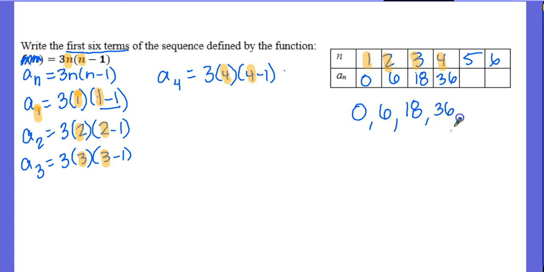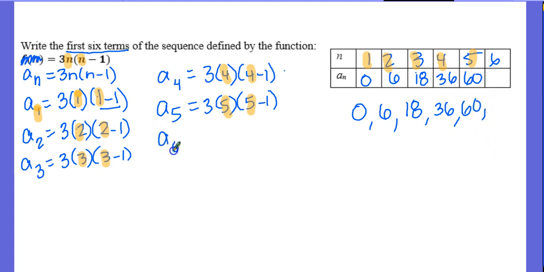So that's the fourth term. A sub 5, quickly. 3 times 5 times 5 minus 1. That's 15 times 4, 60. So that's our fifth term.